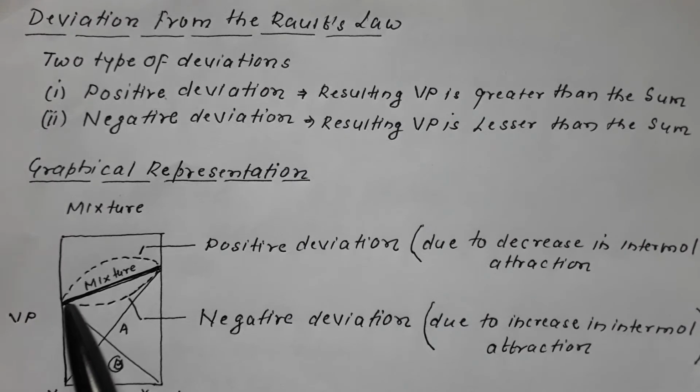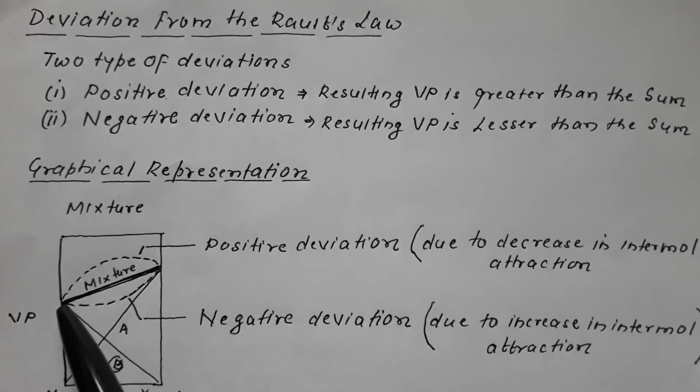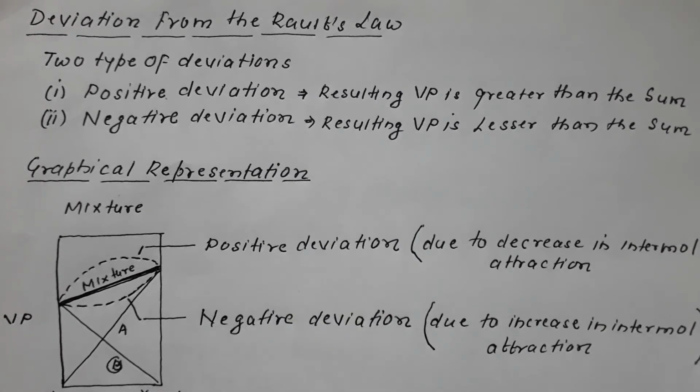It should be this bold line, but in most cases it comes out either greater or less than the sum. Now what is the reason for deviation?